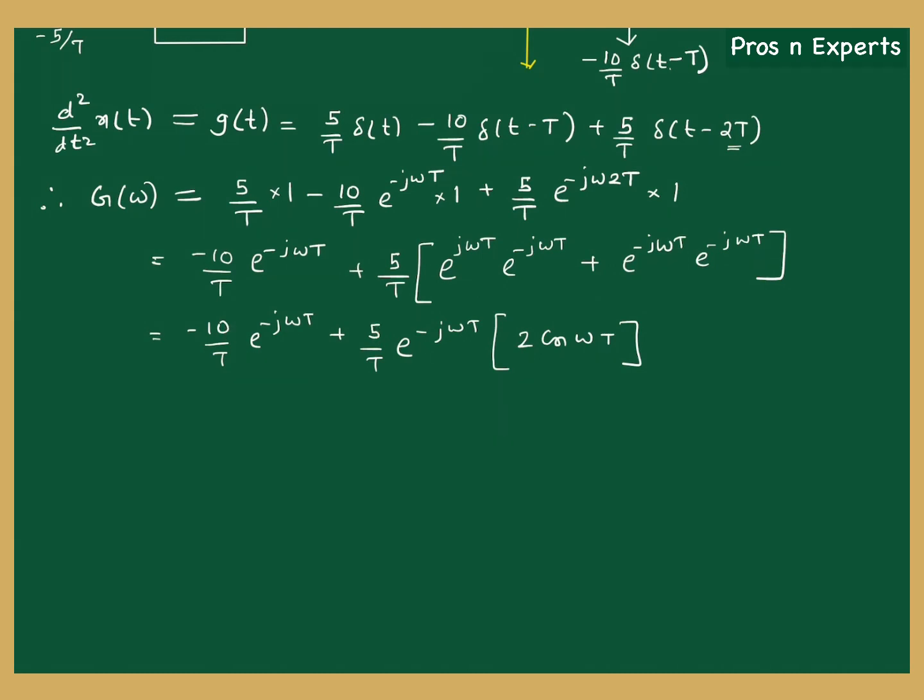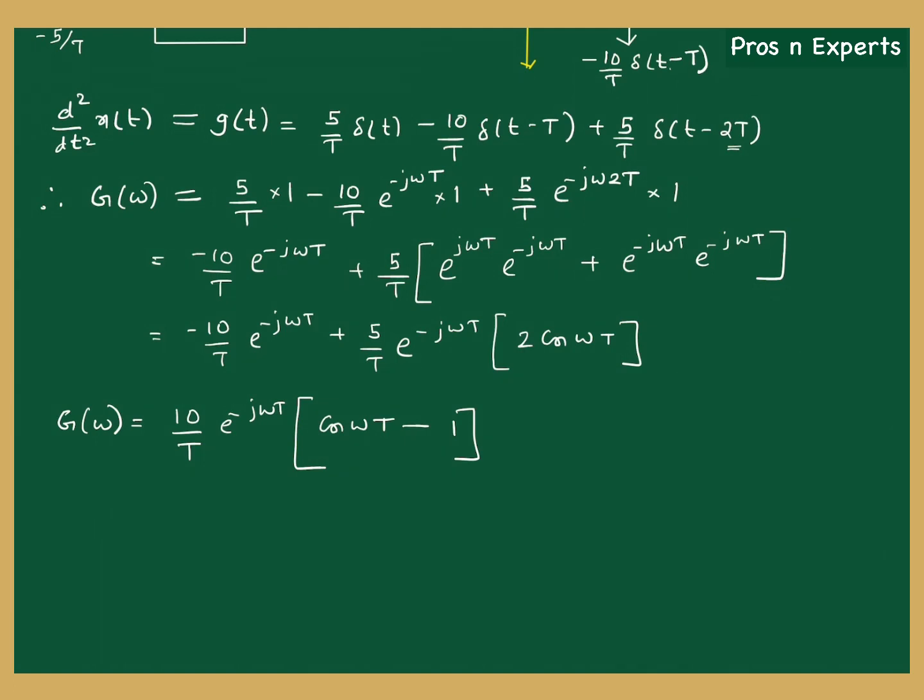Here is 10 by t, so I can write a total 10 by t into e raised to minus j omega t common from these two terms. So that will result in 10 by t e raised to minus j omega t into cos omega t minus 1, right?